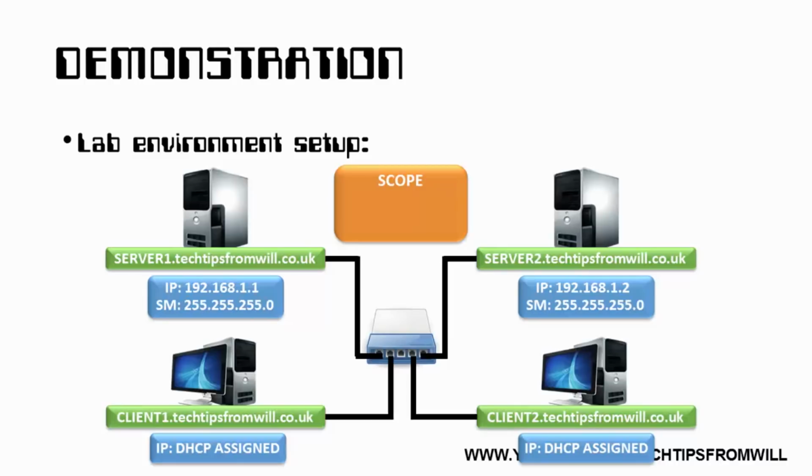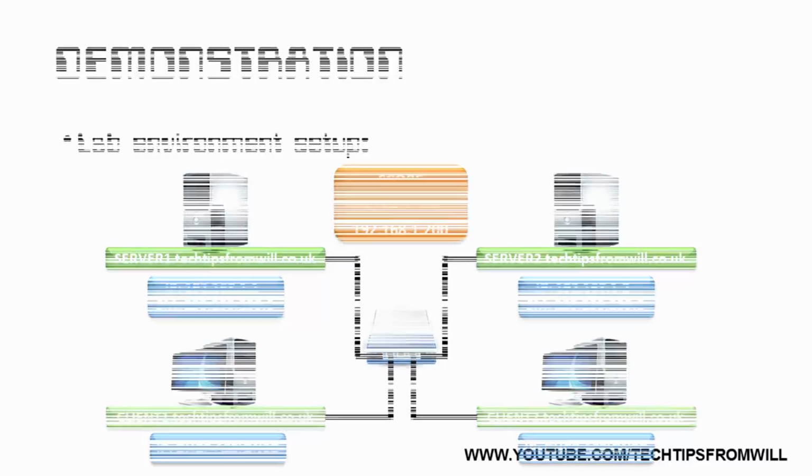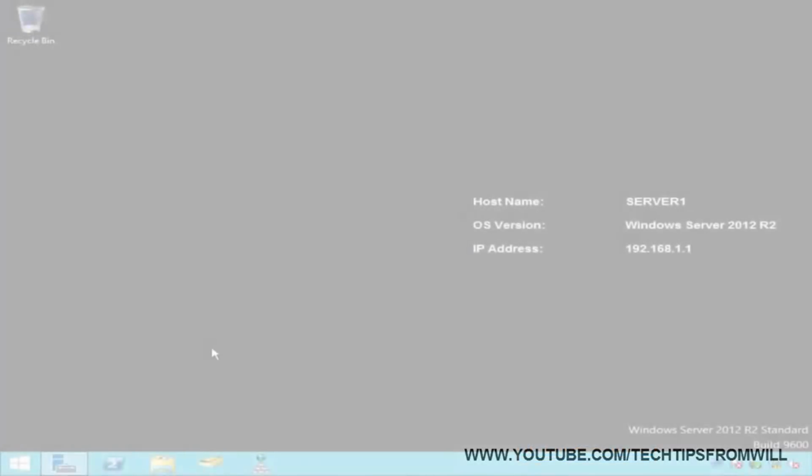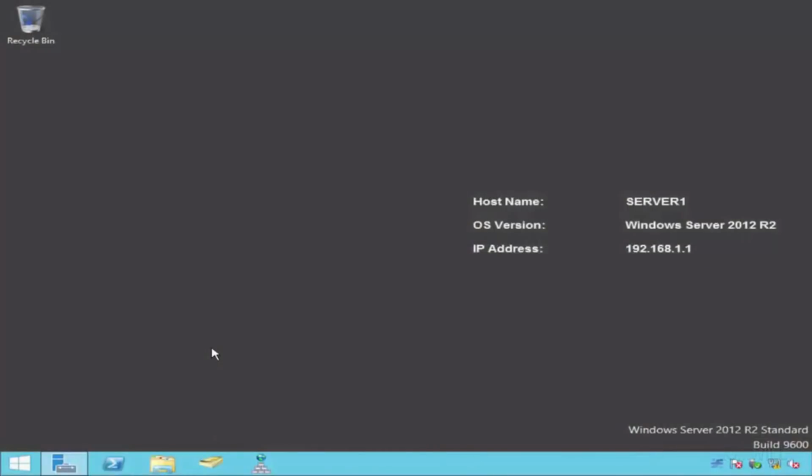In my case, I will create a scope of 192.168.1.101 to 192.168.1.200, a total of 100 IP addresses. Since the scope will be configured for failover, it really does not matter which DHCP server you create the scope on. I will now change back to my Server 1 computer to create the scope.